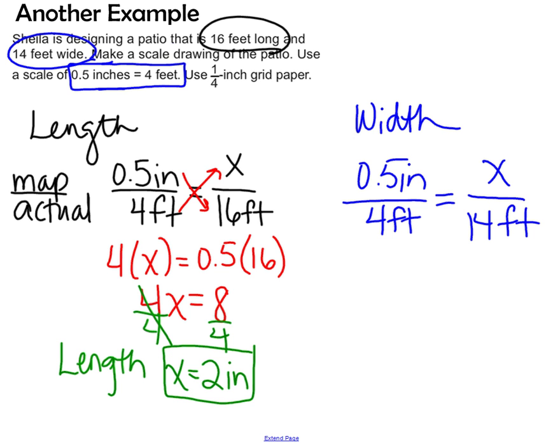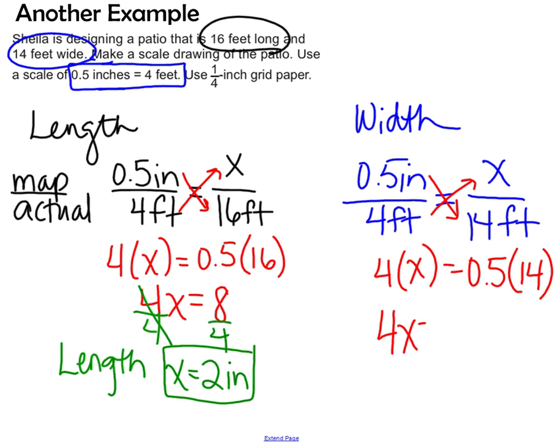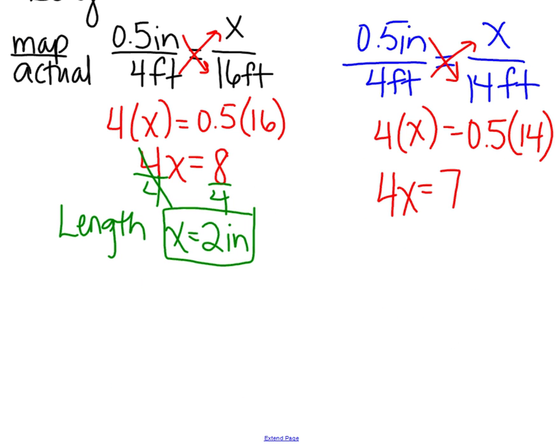Now we can set up our cross products. We have 4 times x equaling 0.5 times 14. So 4x now equals 7. Now because x is being multiplied by 4, I'm going to divide by 4 on both sides of my equation. So x is going to equal 1.75 inches.